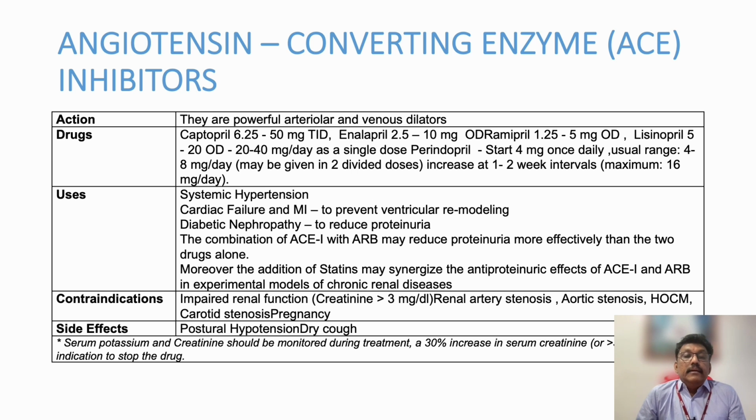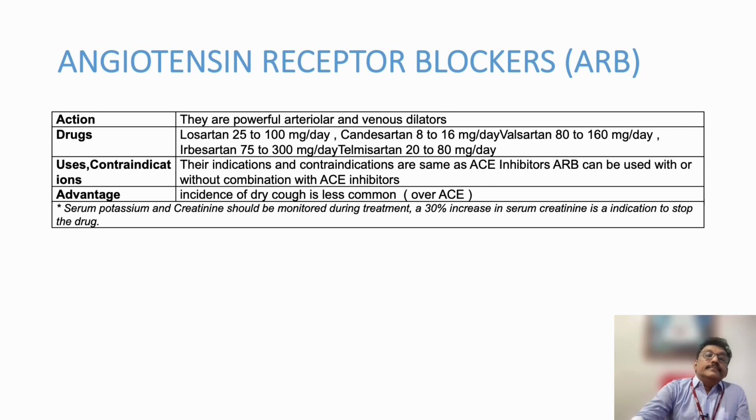Some major side effects like dry cough can occur in many patients who are on angiotensin-converting enzyme inhibitors. For them we can give either ARB or some other antihypertensives. Angiotensin receptor blockers like losartan, candesartan, valsartan, irbesartan, telmisartan, all are available.